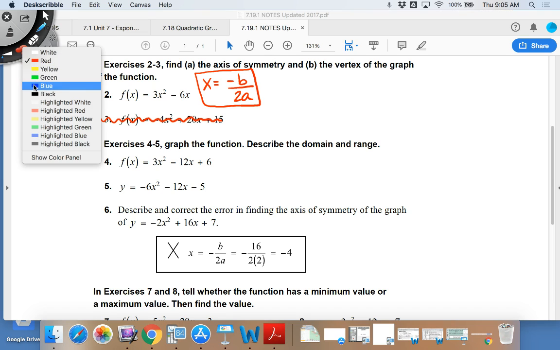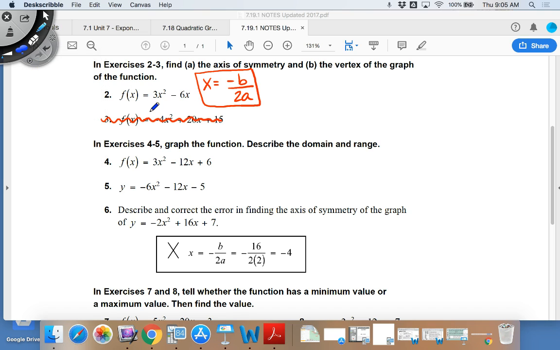So we have our function. It's written in the correct order. In this specific function, our A is 3 and our B is negative 6. Just like he brought up, if we had a C value, we wouldn't even need it anyway. Now I'm going to use this formula and plug it in.